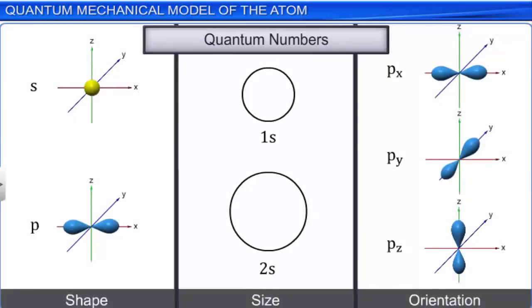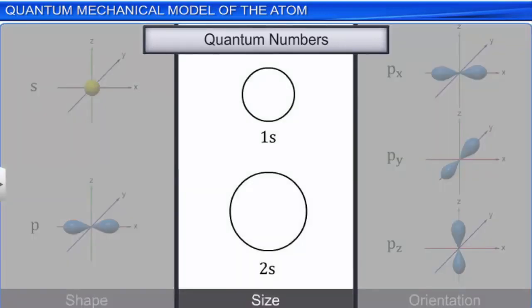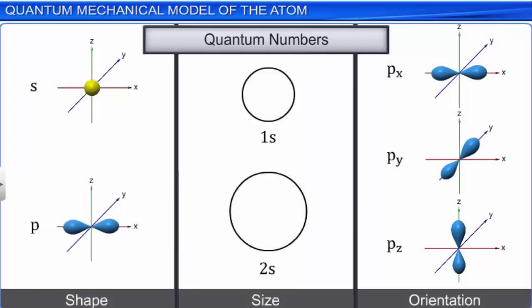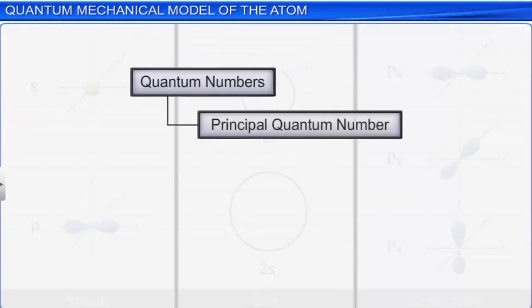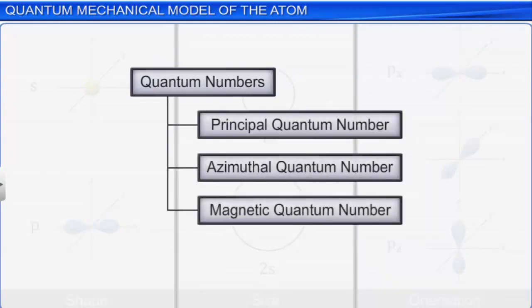Orbitals are distinguished from each other on the basis of shape, size, and orientation. The probability of finding an electron depends on these 3 distinguishing characteristics.